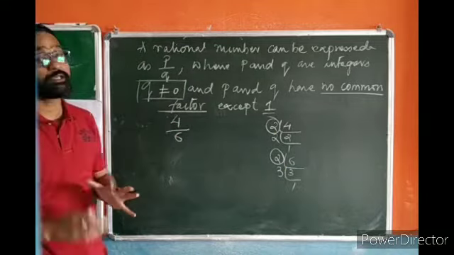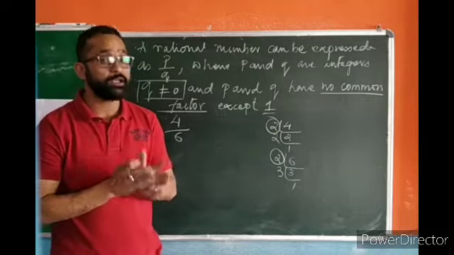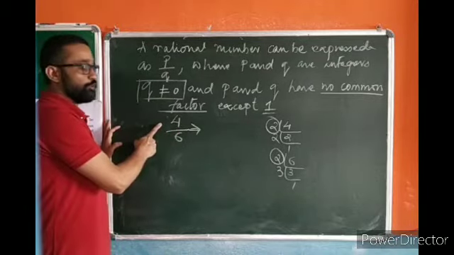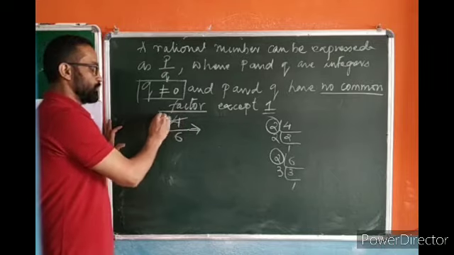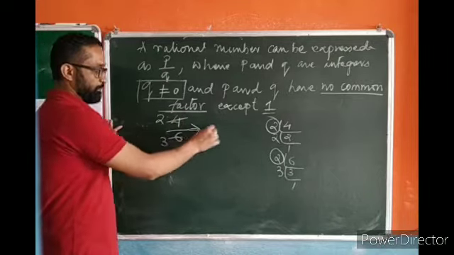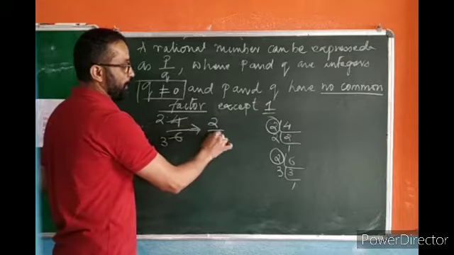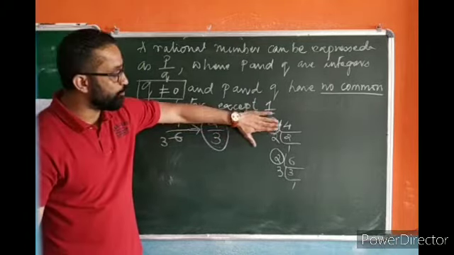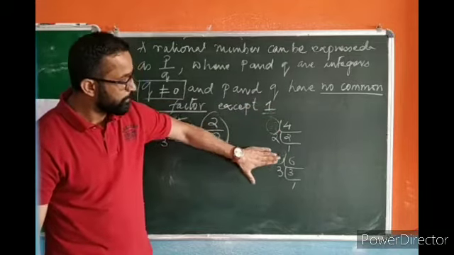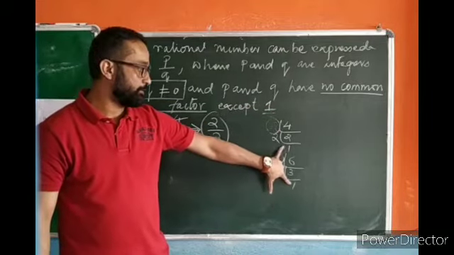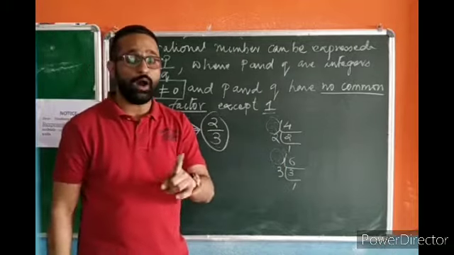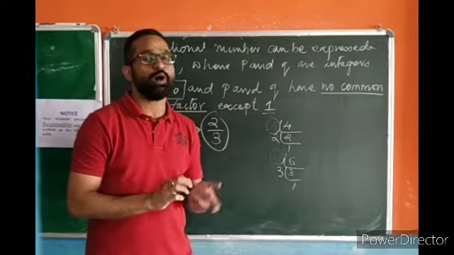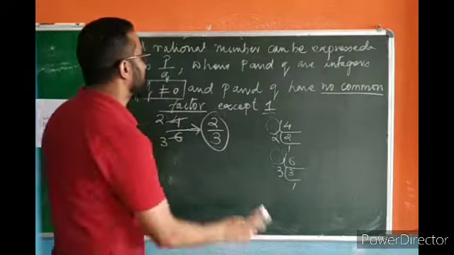So 4 by 6 cannot be considered a rational number. If you want to convert this, then you cancel it: 2 times 2, 2 times 3. 2 by 3 is a rational number because the only common factor is 1. They can have a common factor 1, but they cannot have any other common factor except 1. Remember this mathematical definition.